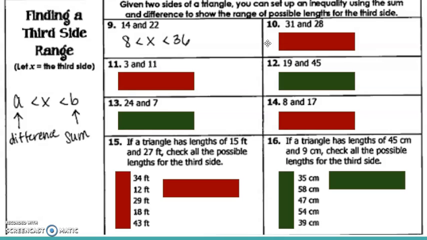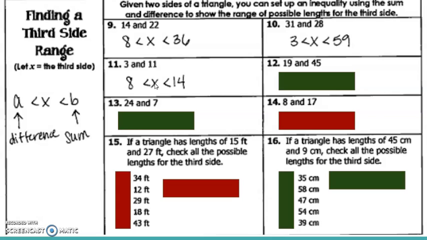Number 10, same way, we're going to do the difference and we're going to do the sum, and then we're going to write in our inequality. The difference between 31 and 28 is 3, and the sum of 31 and 28 is 59. So writing out that inequality, we would say that 3 is less than x, which is less than 59. Again, x is in between those two numbers. Number 11 is the same way.